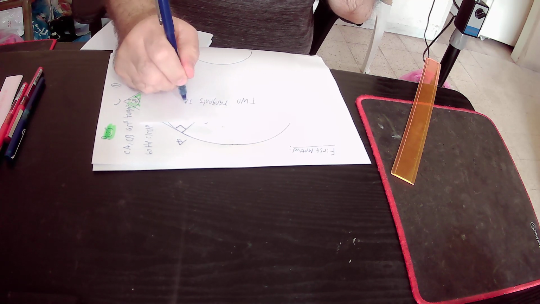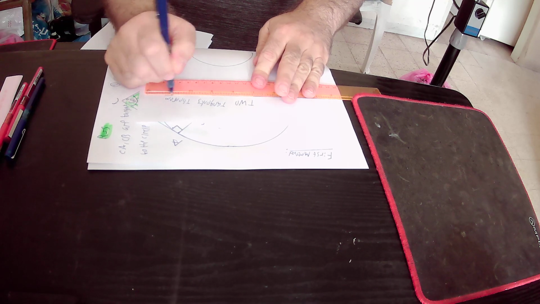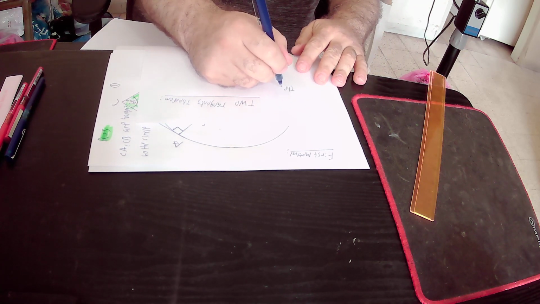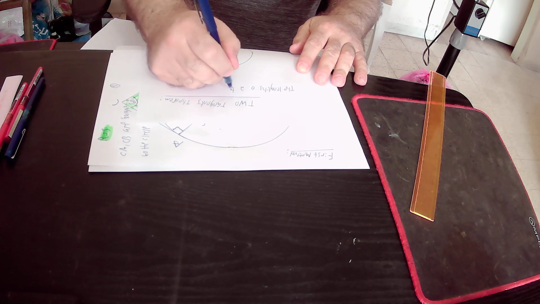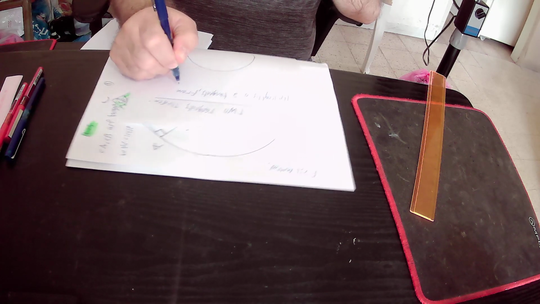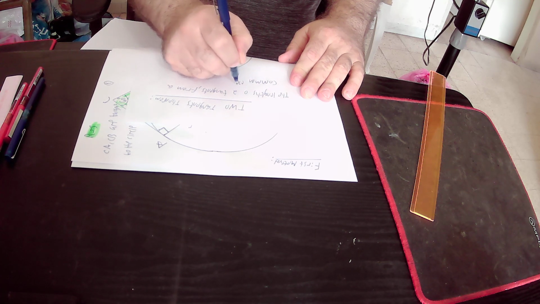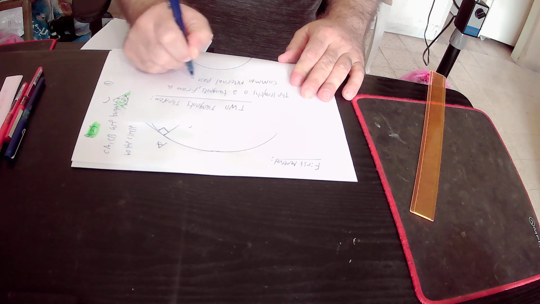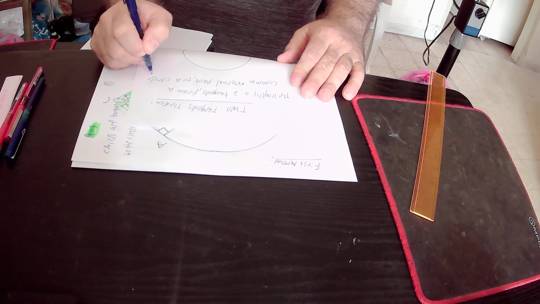The two tangents theorem states that the lengths of two tangents from a common external point to a circle are equal.